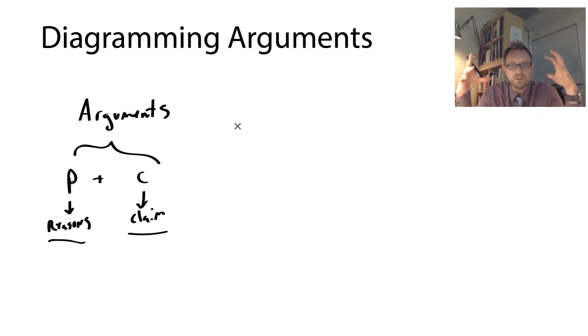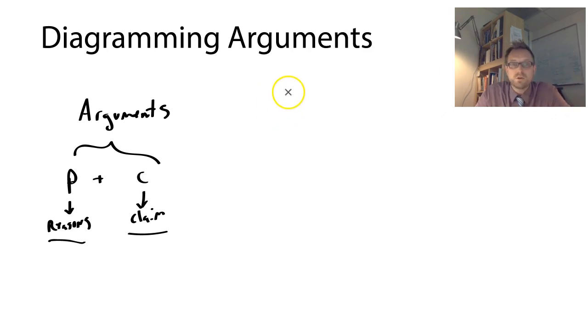And by the end of this video, you'll see why. So think of it like this. Think of the premises as the stuff, and the conclusion is the product that gets created out of that stuff.